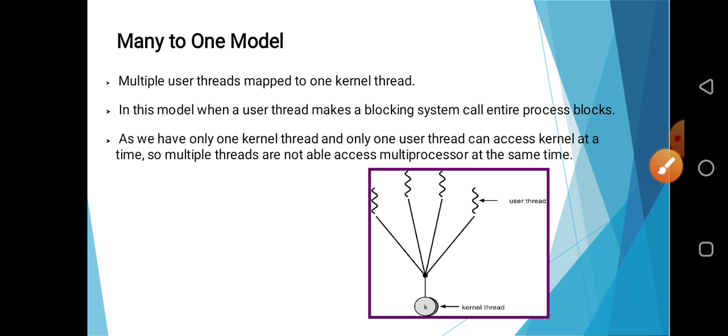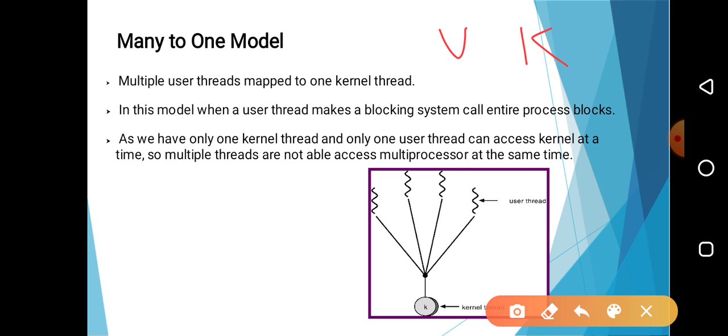Now the next one is many to one. As I said, keep in mind UK. Many user threads are connected to one kernel thread. The first one is for U and the second one is for K. So many user threads and one kernel thread.